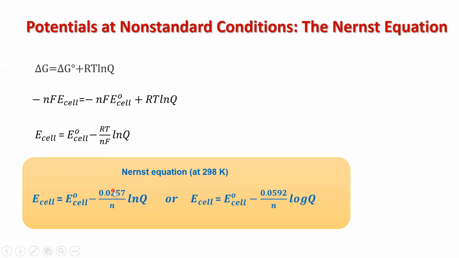So we can just put all those constants together and come up with a new constant. And this equation is called our Nernst equation. So the voltage in a non-standard cell would equal the voltage in the standard cell minus 0.0257 divided by N times ln of Q, or a slightly different version would be 0.0592 divided by N times the log of Q. There's just a different function. This is a log function. This is an ln function. It doesn't matter which one you use. And this is called the Nernst equation.